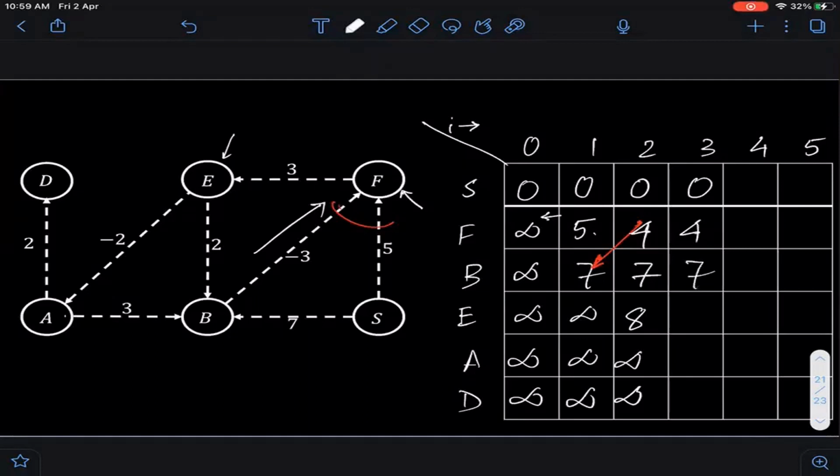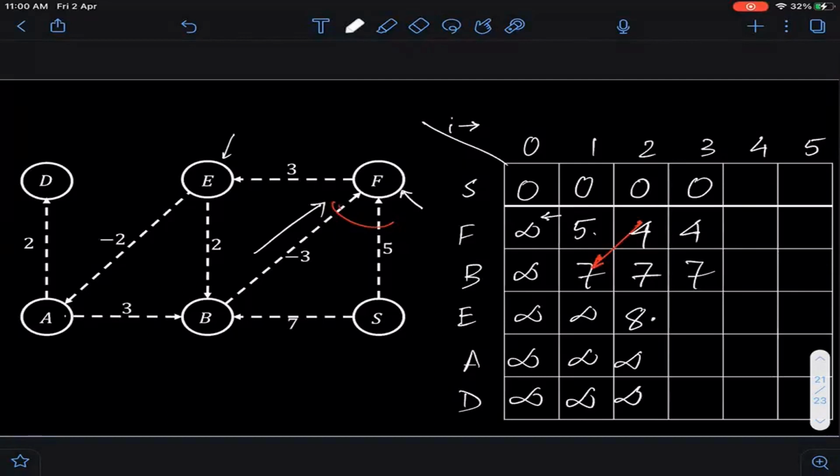Okay, what will happen to E now? How about E now? Very good. So E is going to undergo a change. Why is that? What are the options for E? For E comma 3, one option is 8. You look immediately to your left.